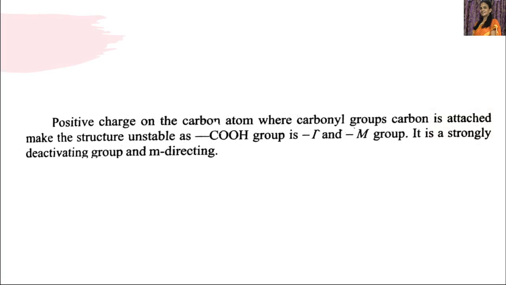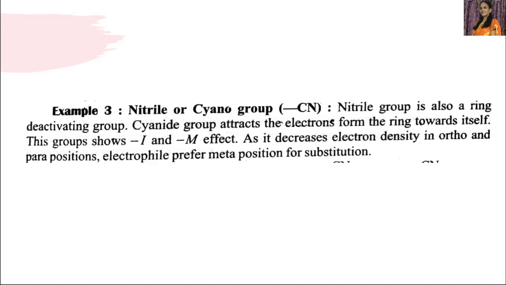The positive charge on the carbon atom to which the carbonyl group, that is the COOH group, is attached makes the structure unstable. As the COOH group is a minus I and minus M group, that is, an electron withdrawing group, it is a strongly deactivating group and a meta directing group. So the incoming electrophile is forced to go to meta position to give the final product.